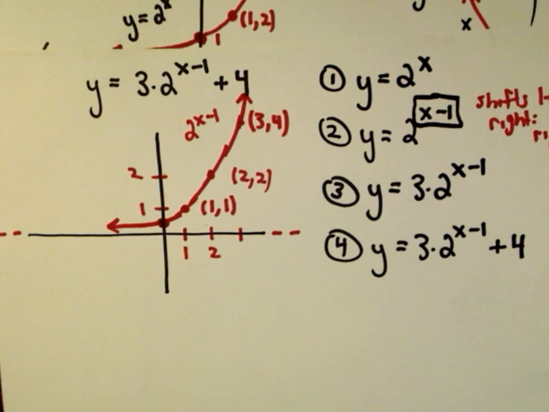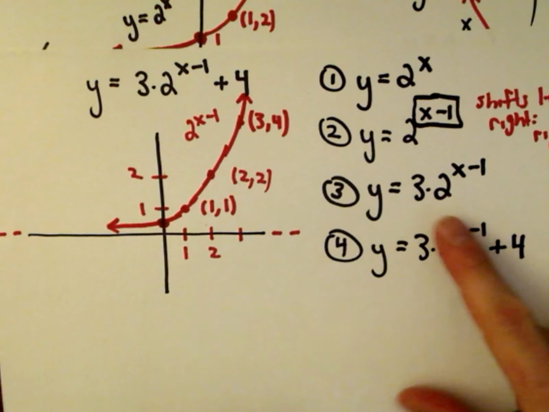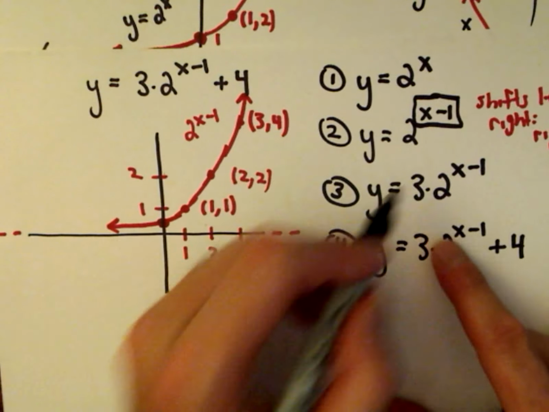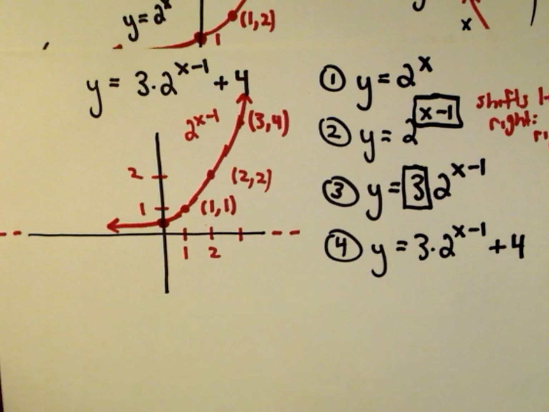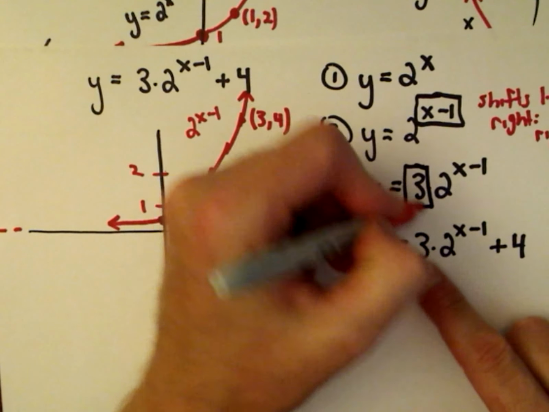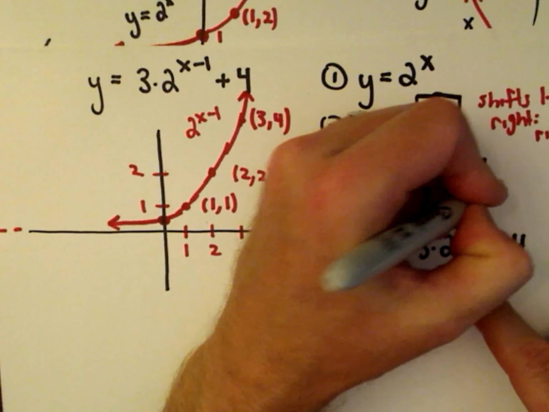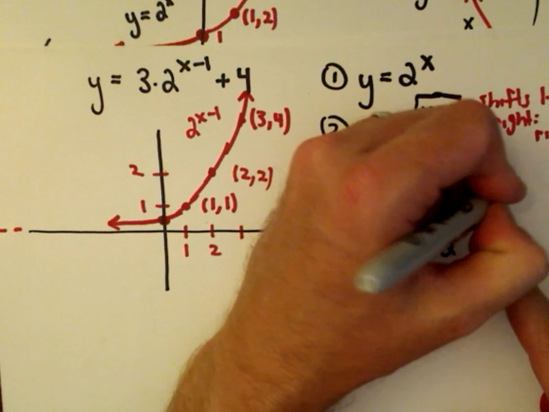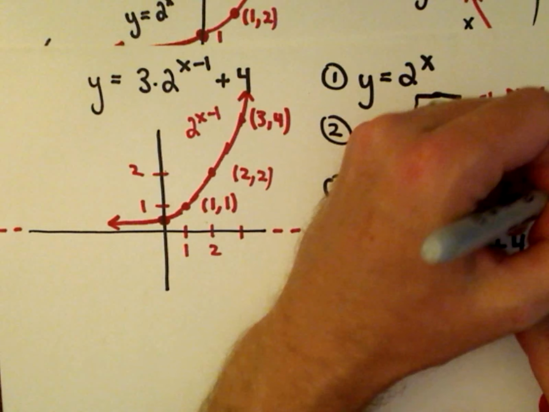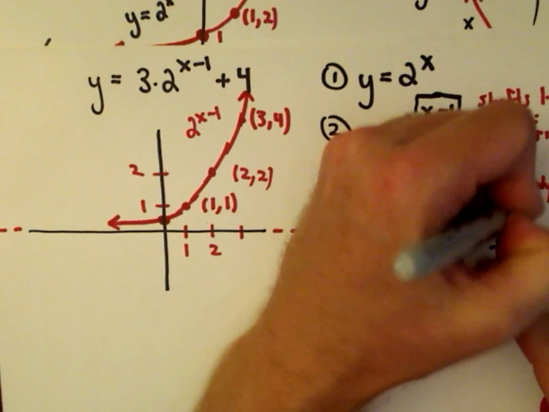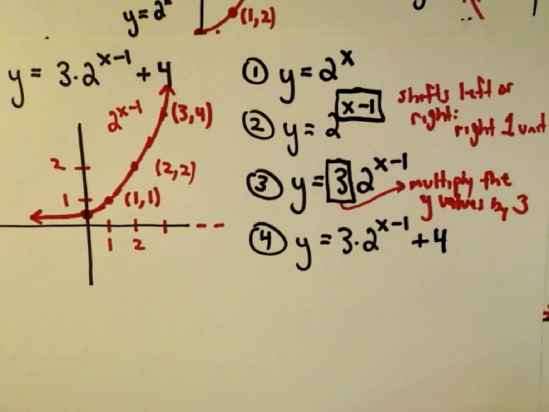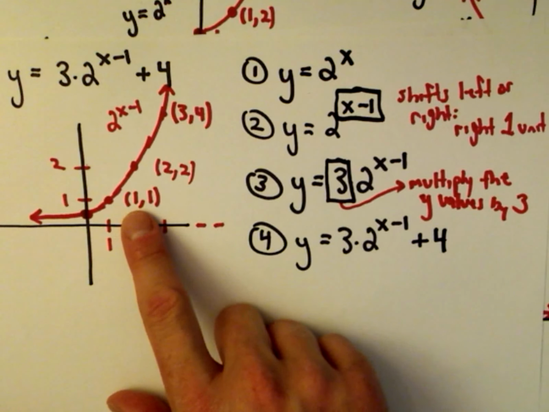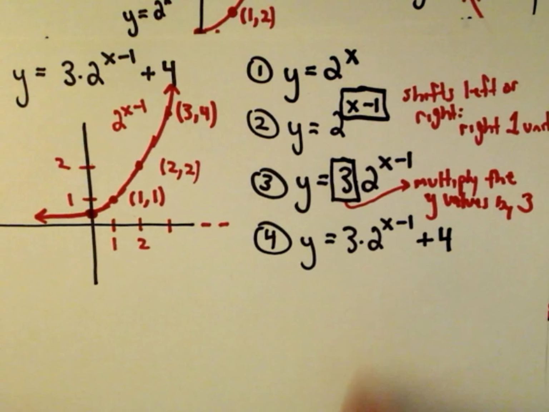Okay, so now for my next graph, I'm going to think, okay, 2 to the x minus 1 multiplied by 3. Well, we've got our graph of 2 to the x minus 1. Now we're just multiplying everything by 3. And what that's going to do is multiply all the y values on our previous graph by a value of 3.